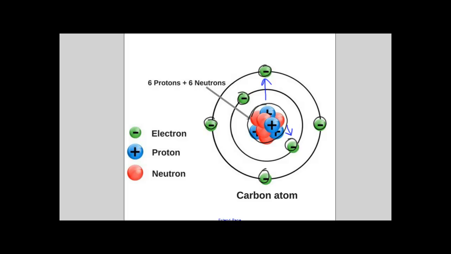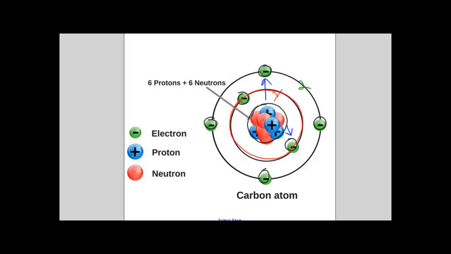Because of this, electrons form energy levels. There are specific distances, and everywhere that distance is away from the nucleus, you'll find electrons. They form like a dome or a cloud around the nucleus. This is the first energy level, and right here is the second energy level.